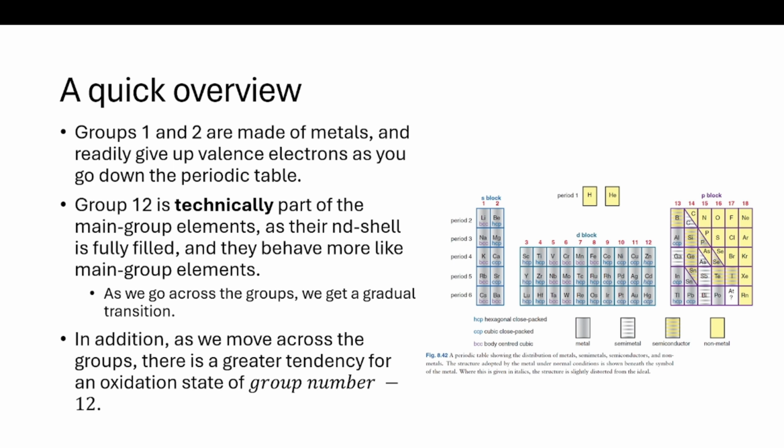So what do I mean when I say this? Take, for example, group 15. So group 15 is 15 minus 12. We're going to have a greater tendency for a plus 3 oxidation state as we move along group 15.